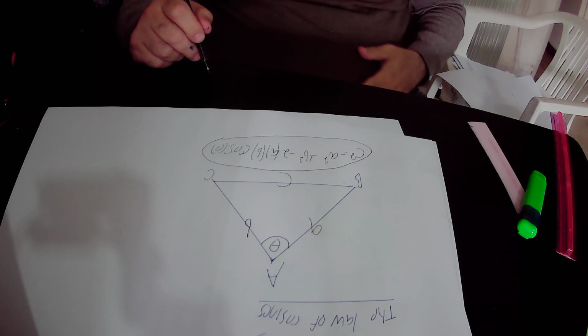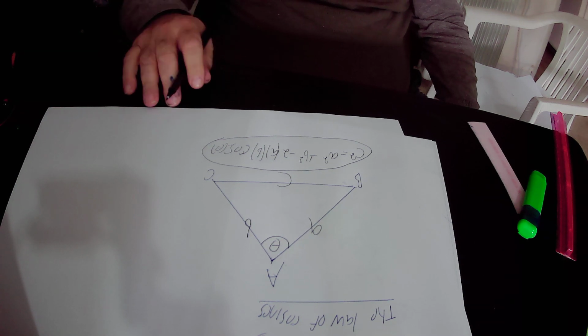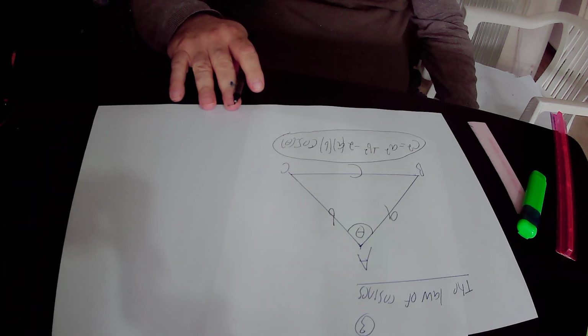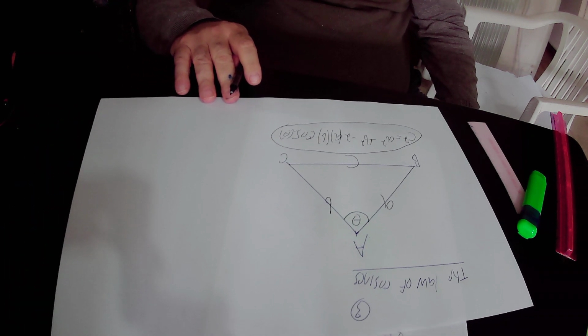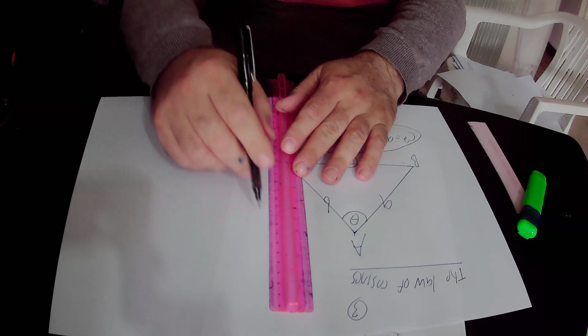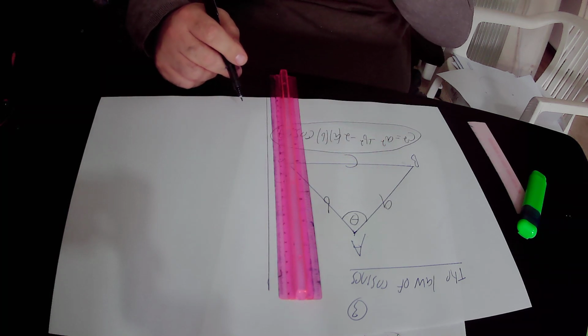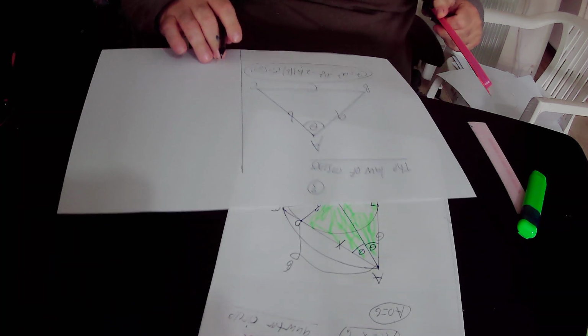So you can implement the law of cosines in triangle AOC. I will copy triangle AOC in this new page and we will implement the law of cosines in triangle AOC.